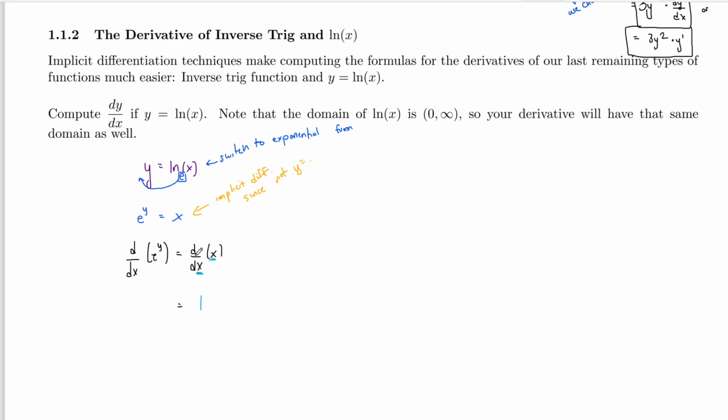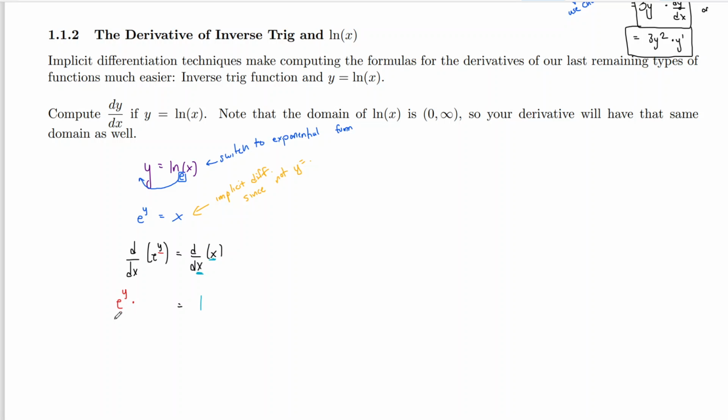What about the left side? That's definitely the more complicated side. Well, the best thing to do is how I described it before. When you see a y, you do the rule. What is the derivative of e to the x? It's itself. So the derivative of e to the y is itself. But then we multiply by the derivative of the inside. And remember, the inside for an exponential function is the exponent.